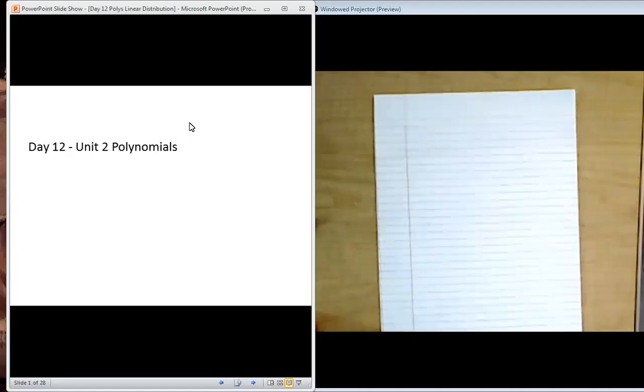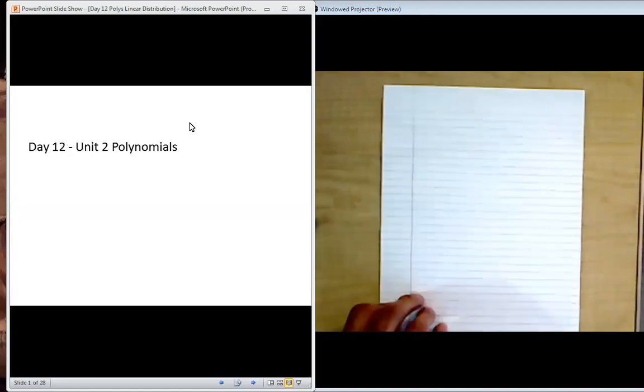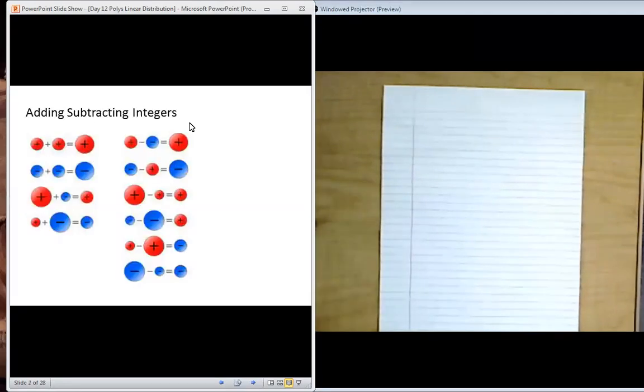And those are just, for now, you can think of as big equations or big expressions. And you'll see a bunch along the way over the next couple of days. Today we're going to be adding and subtracting them. Now, in order to get ready though, you got to be able to work with integers easily.